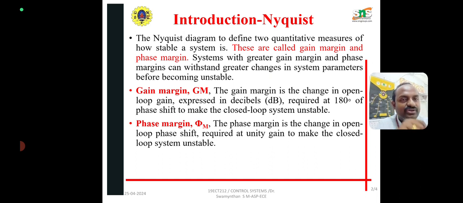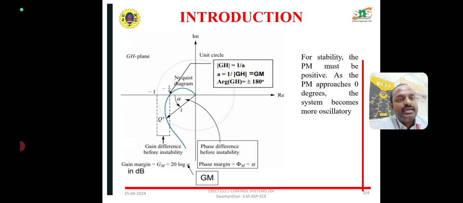Same thing for phase margin: the open loop phase shift required at unity gain to make the closed loop unstable. So this is the comparison between phase margin and gain margin, and the introduction about the Nyquist plot.